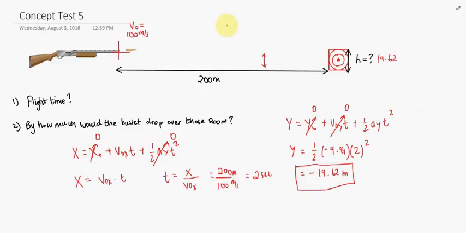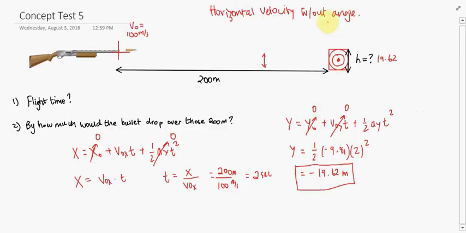Remember that with these types of problems, where you have a horizontal setup without some kind of angle given, in essence what you're doing is you're just assessing 1/2 of projectile motion.